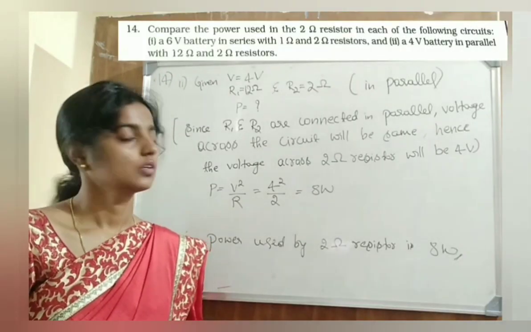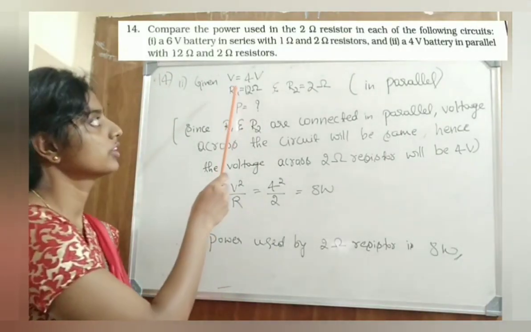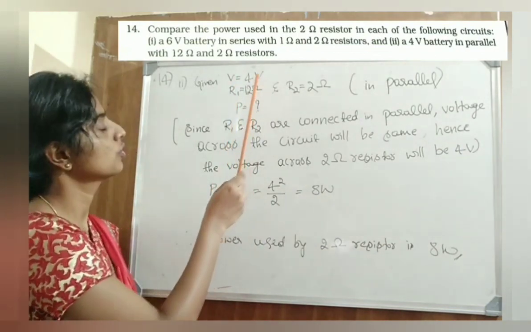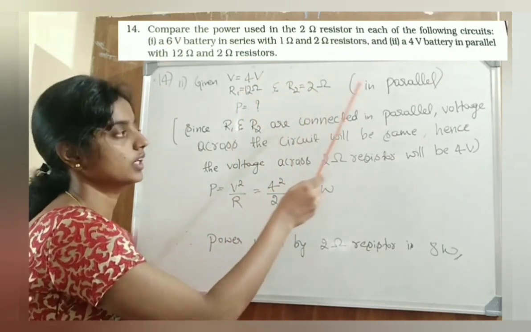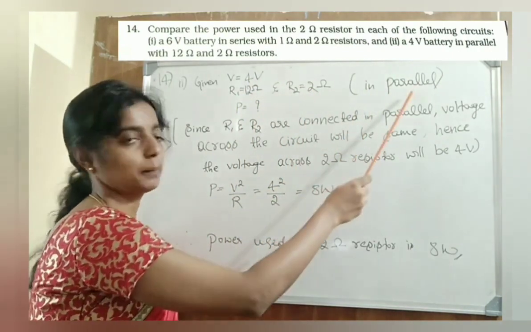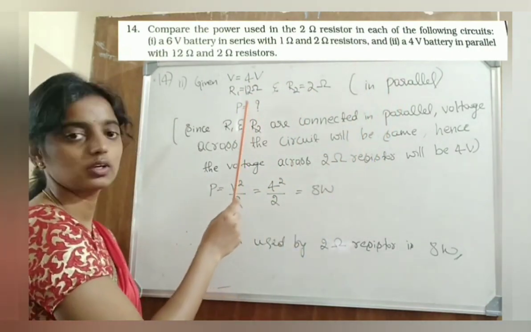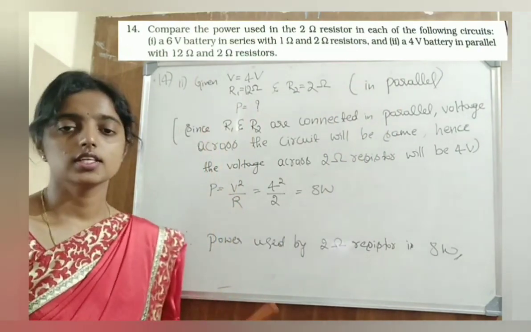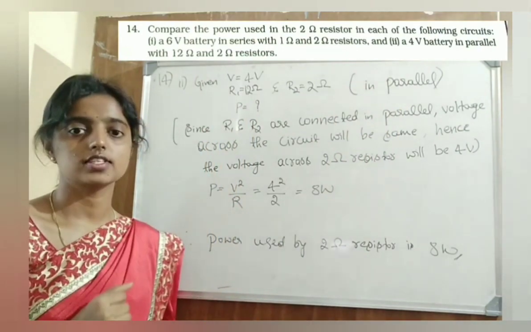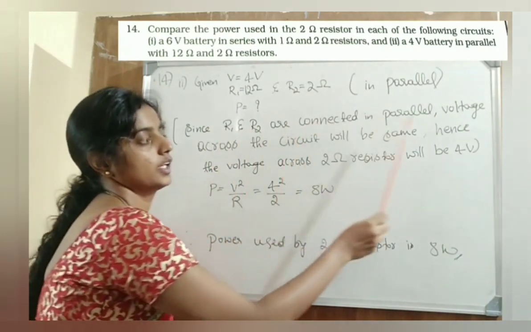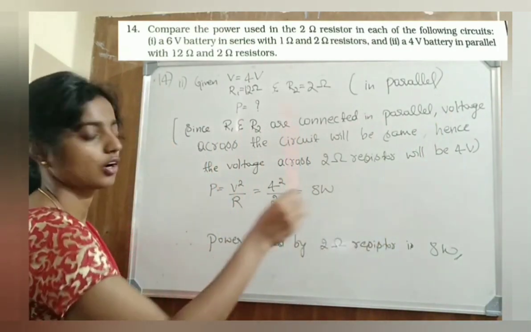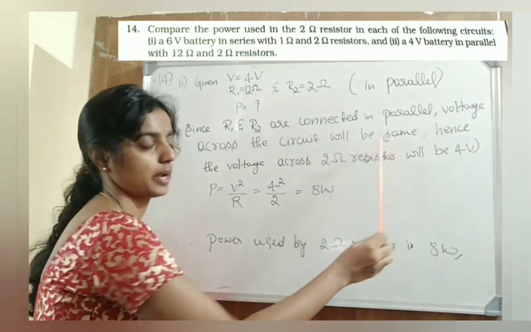In the second question, the given items are V is equal to 4 volt, R1 and R2 are 12 and 2 ohm. The circuit is connected in parallel. We need to find out power. Here it's a little different from the first case. Since R1 and R2 are connected in parallel, the voltage across each will be the same.